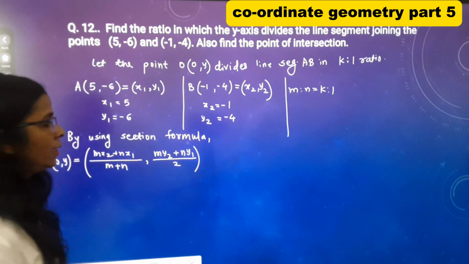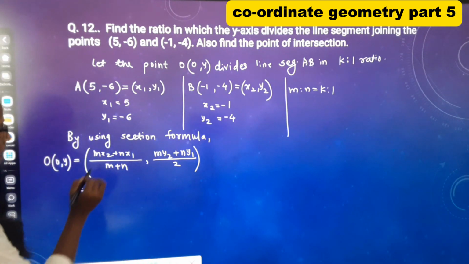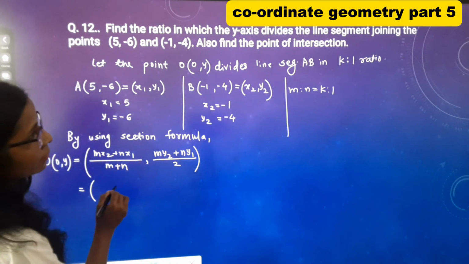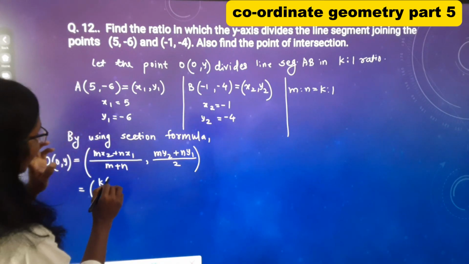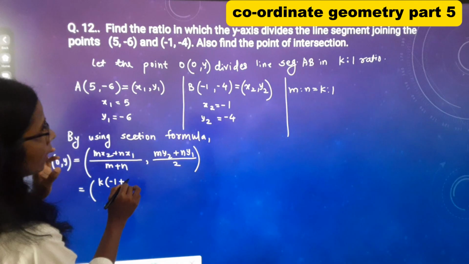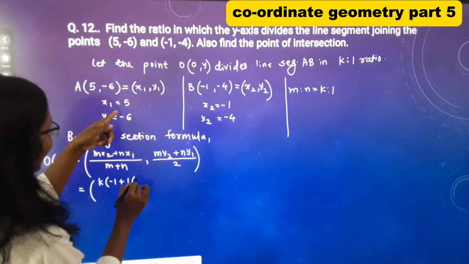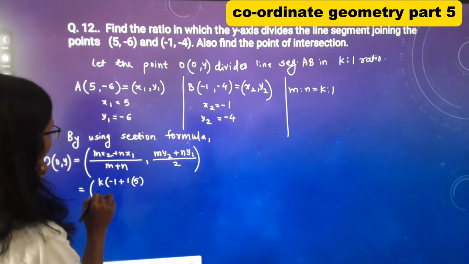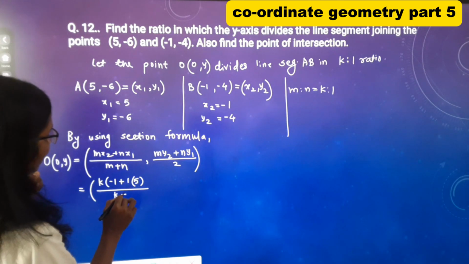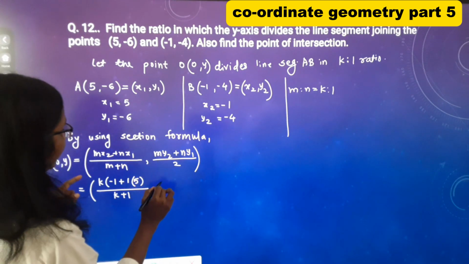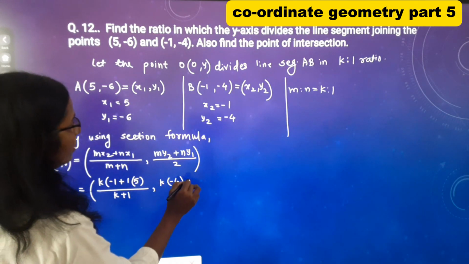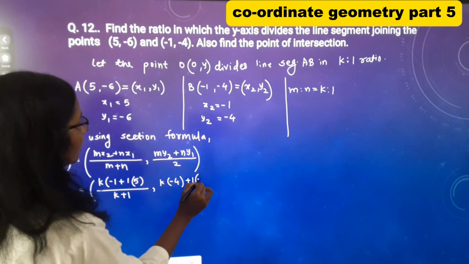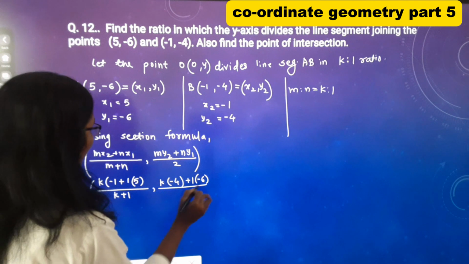Okay students, and then here m, that means the k, multiply -1 plus 1 multiply 5 upon k plus 1, and here k multiply -4 plus 1 multiply -6 upon k plus 1.